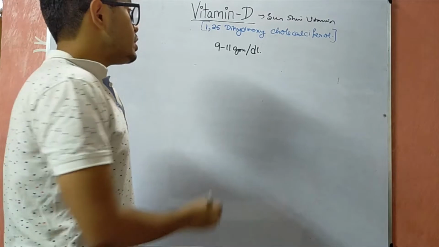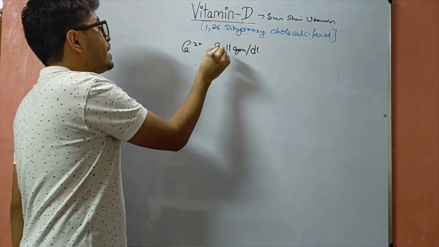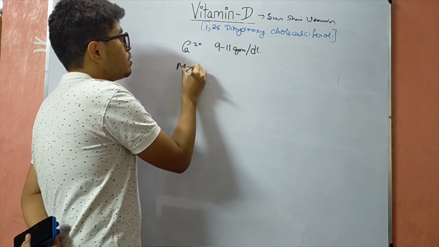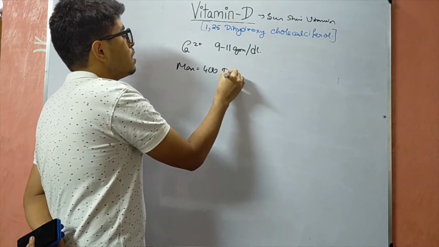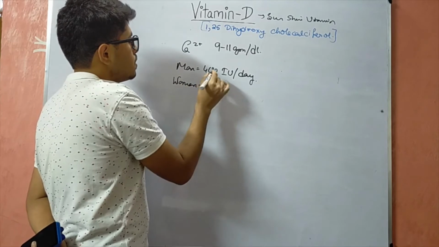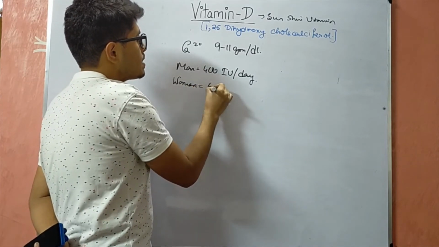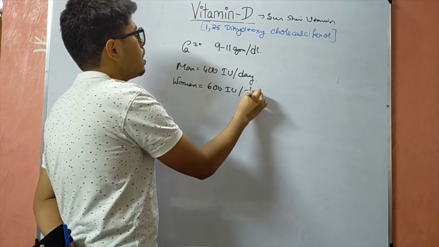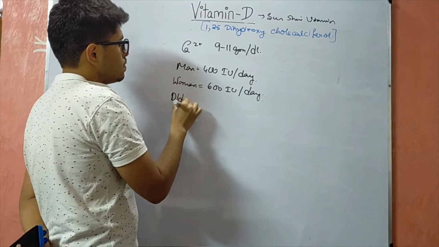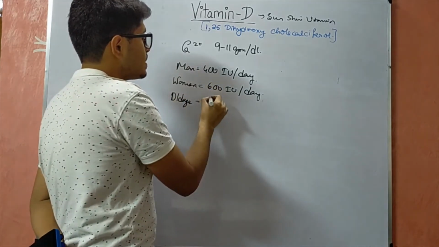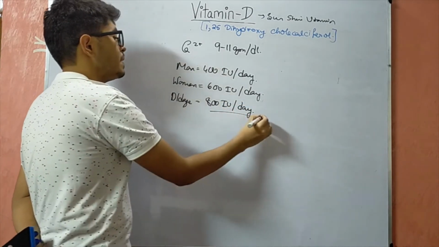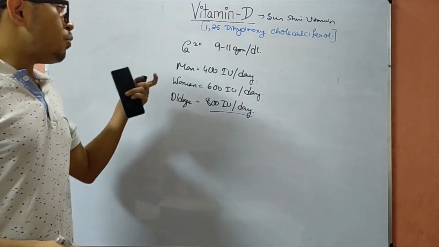To maintain this, the vitamin D which should be taken in is about 400 IU per day for a man, about 600 IU per day for a woman, and for old age about 800 IU per day. So this is what we have.